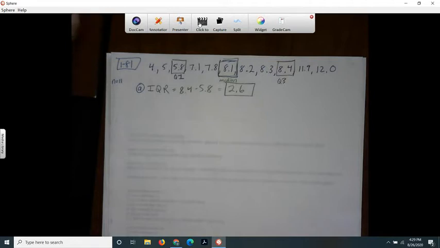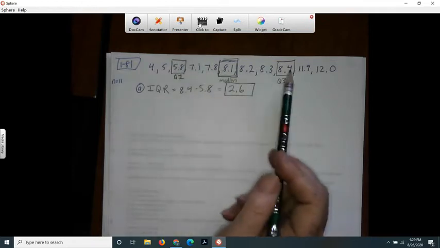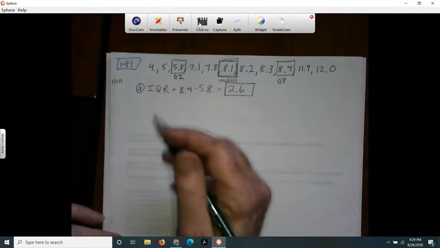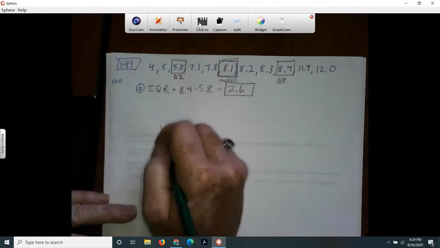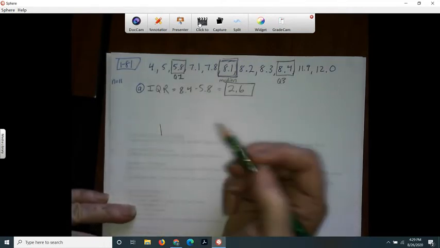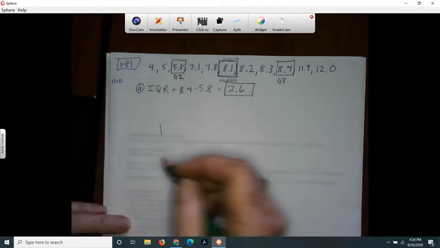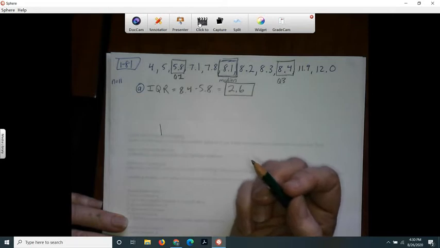And then on letter B, I have to make a box plot. So I'm glad I did all this hard work, because I have to make a box plot. We used to call them box and whiskers back when you were little kids, like in 5th grade or something. When you make one of these, you need a number line.